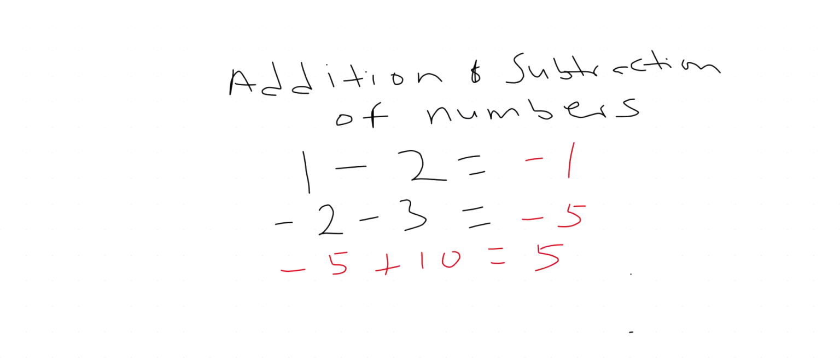Let's consider another example. If I say 2 - 6, 2 here is a positive number. Anytime you see a number in front like this and there's no negative or minus sign in front of it, it means a positive number. So the sign there that is invisible is positive.